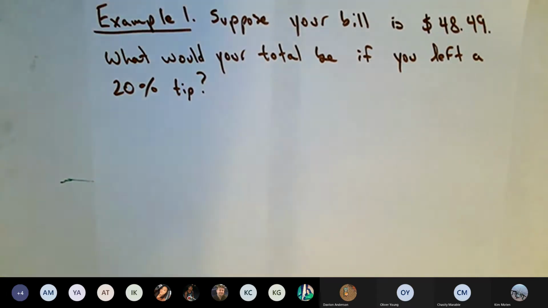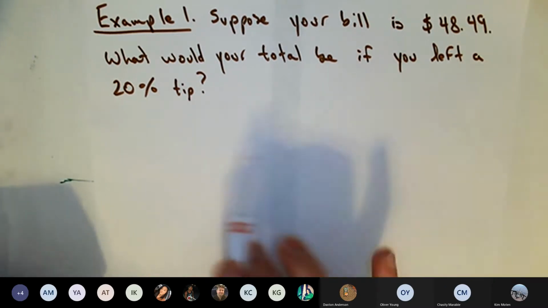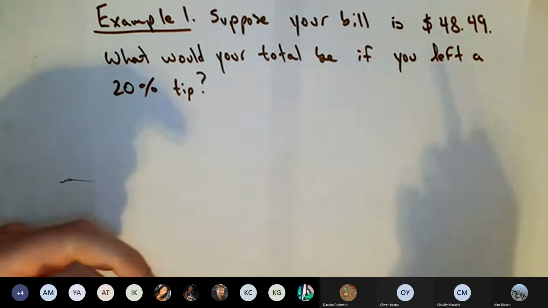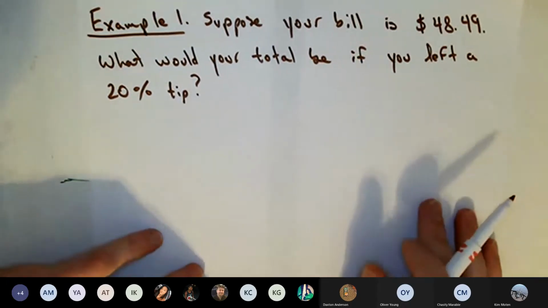Okay, so this question is different from the one I just gave you because I'm not asking straight up for the tip. I'm asking for the total. So of course you're going to have to find the tip and then do what? You're going to have to add them, right? So there's a couple different ways you can go about this.